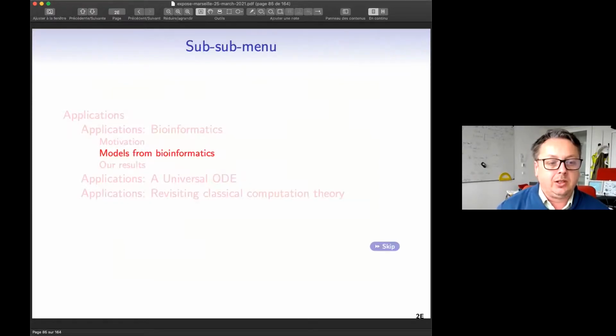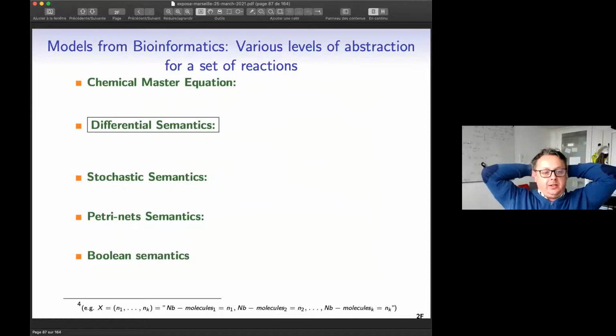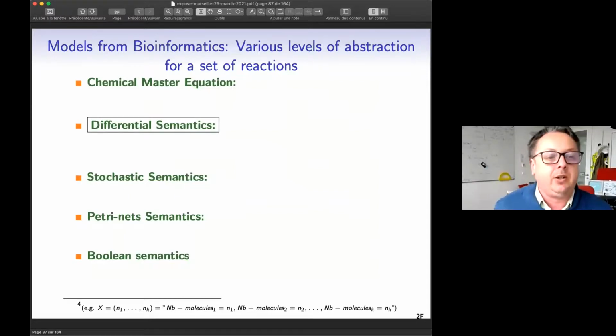Okay, so ordinary differential equations do appear in biology. And actually, if you want to describe a biological system, there are various levels of abstraction according to the level of details you want to model. It could be the so-called Boolean semantics, where you only talk about the absence or presence of something.